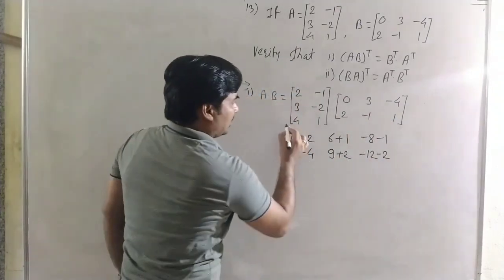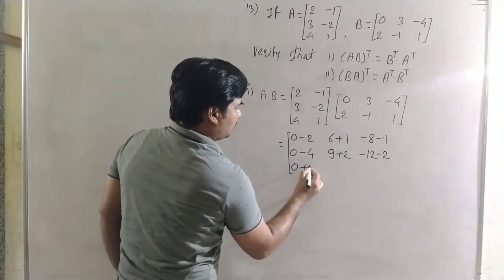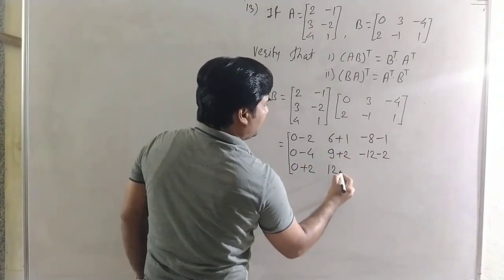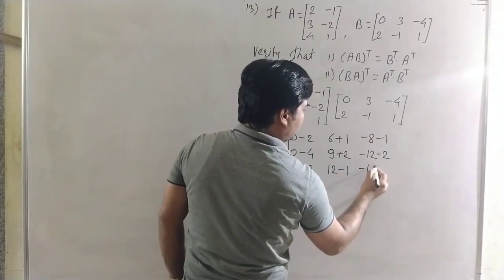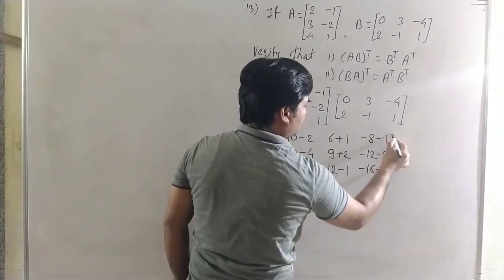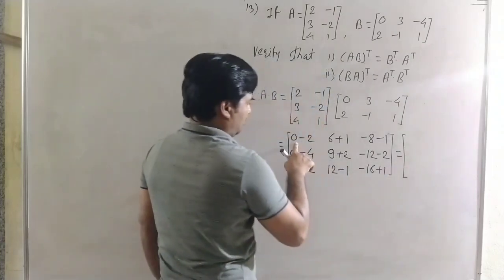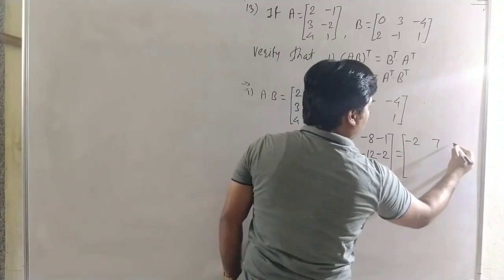Then third row, first column, 0 plus 2. Third row, second column, 12 minus 1. Then third row, third column, minus 16 plus 1. And then the calculation: it is minus 2, 7, and minus 9.